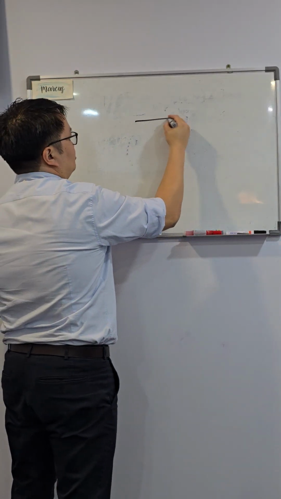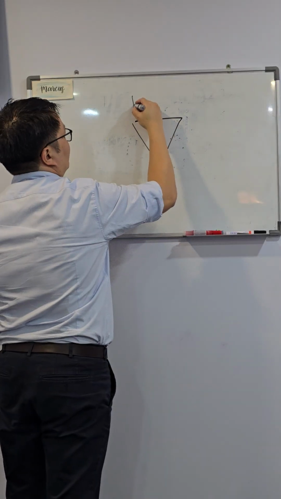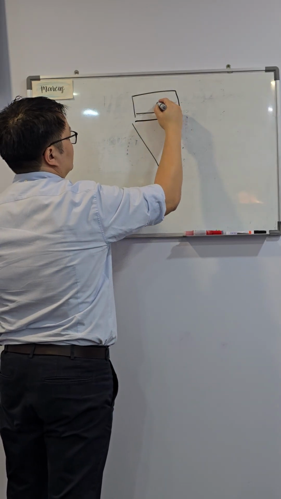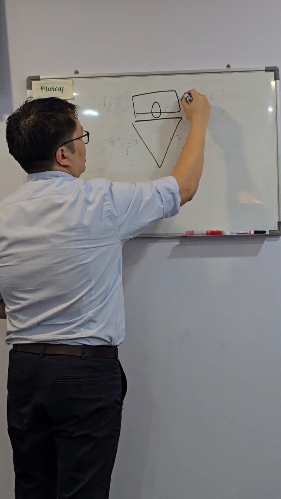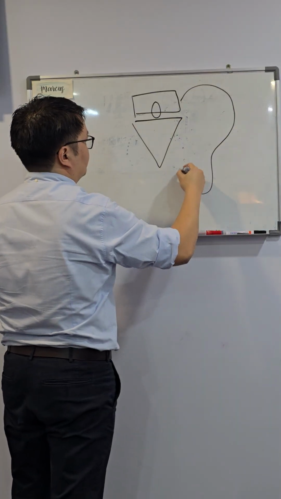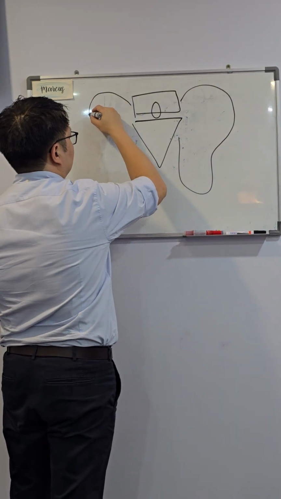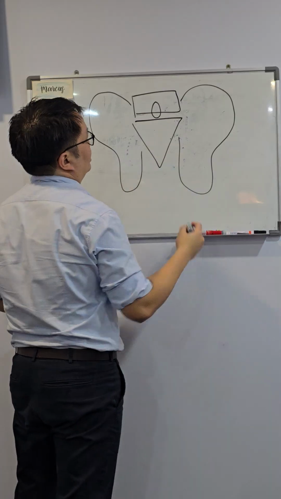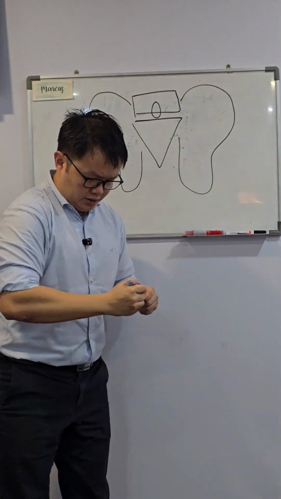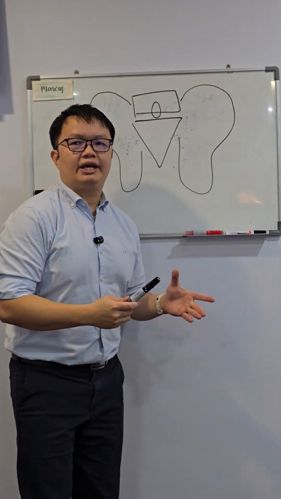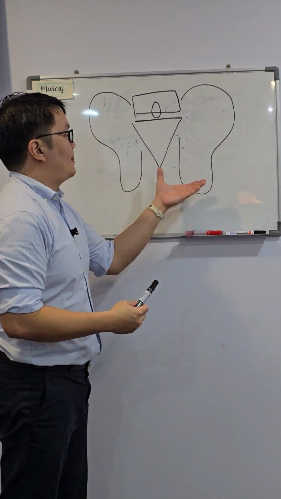So we have a sacrum, we have a vertebral body, we have a heel, and we have a ilium. So say now we're looking at a ilium.